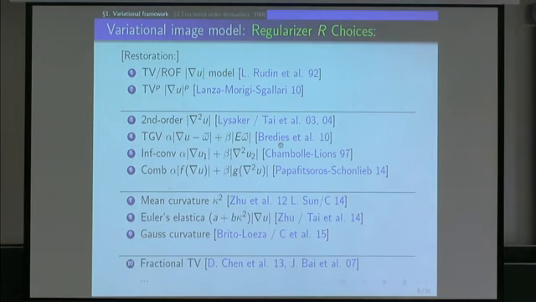And then more recently, there are quite a few colleagues working on mean curvature and elastica related or Gaussian curvature related restoration. If you look at the operators, they look a bit horrifying, pretty bad. Like mean curvature squared or the modulus of mean curvature, and then the Gaussian curvature is too long to write down here, and the results are actually very good.